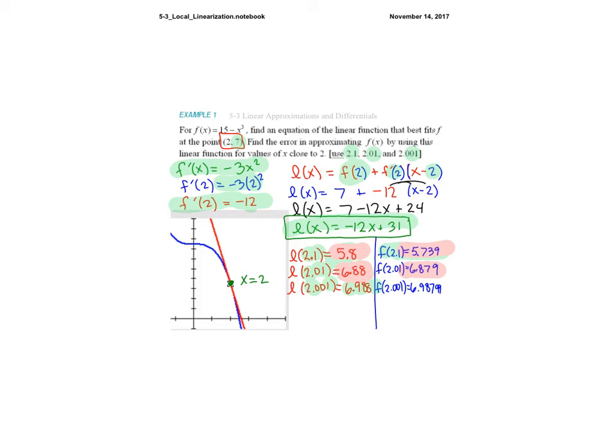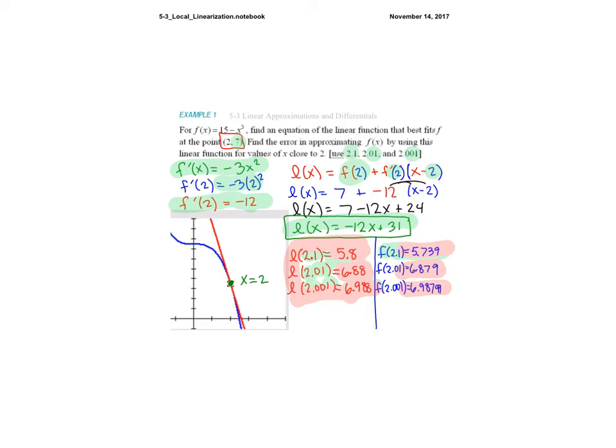But from here to here, that's only 0.002. And then from here to here, it's like 0.00001 or something like that. Anyways, the closer you get to the number, the better your linear approximation.